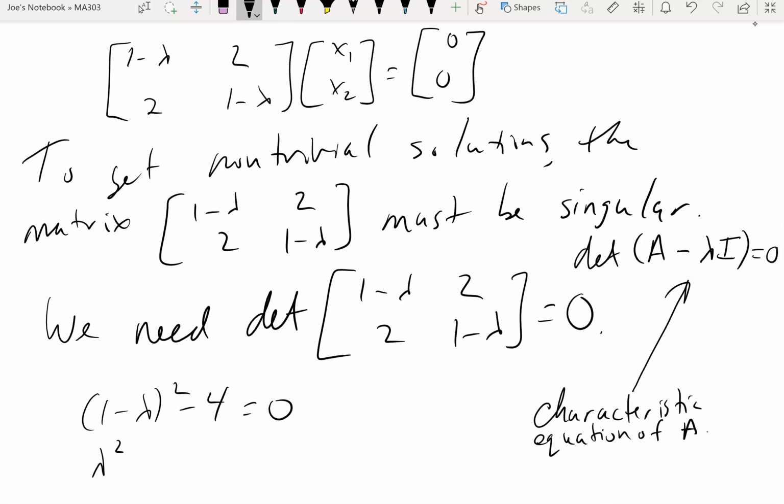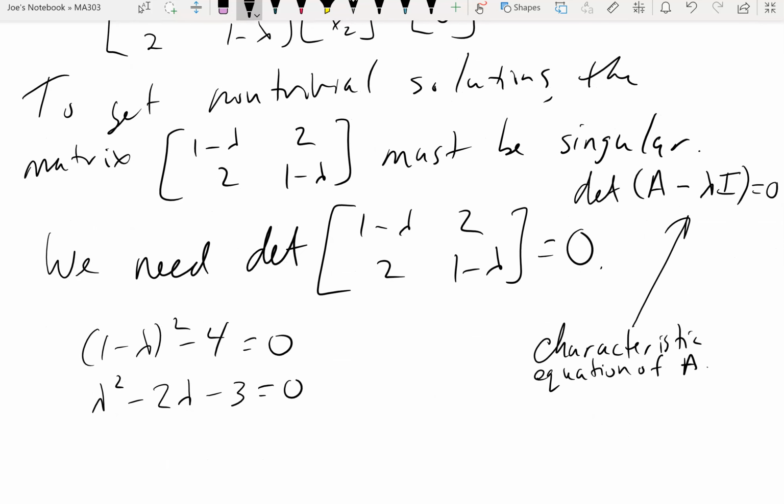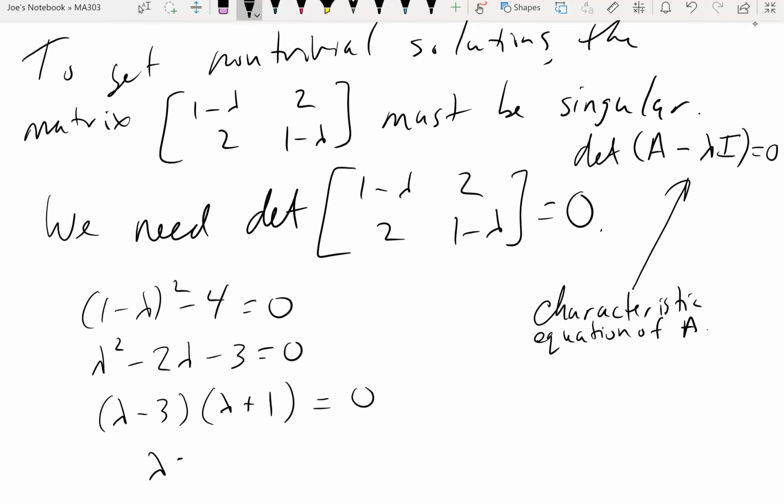So this is lambda squared minus 2 lambda minus 3. Does that factor? What does it factor as? Lambda minus 3 and lambda plus 1. Okay. So we get 3 and negative 1.